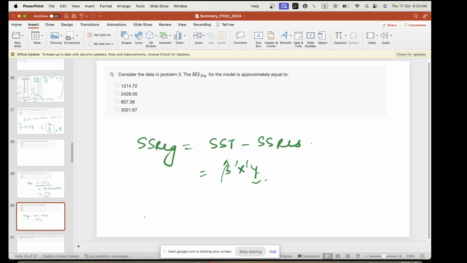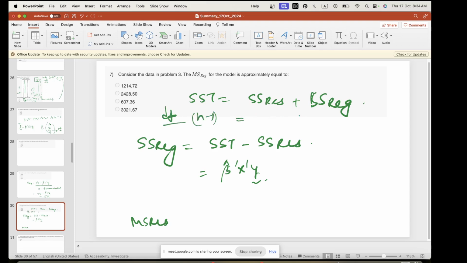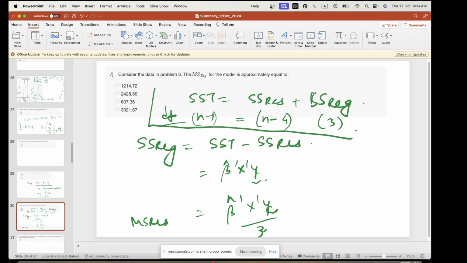And for MS regression, we have to keep in mind SST equals SS residual plus SS regression. DF for SST is always n minus 1. For SS residual it is n minus number of parameters estimated. So for SS regression, it would be 3 in this case. So MS regression would be this one divided by 3. Just remember this identity for the sums of squares and also for the DFs.